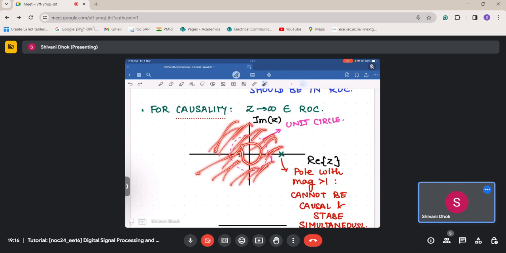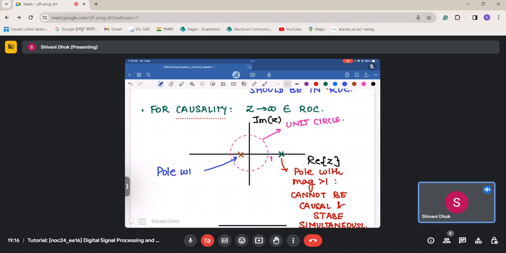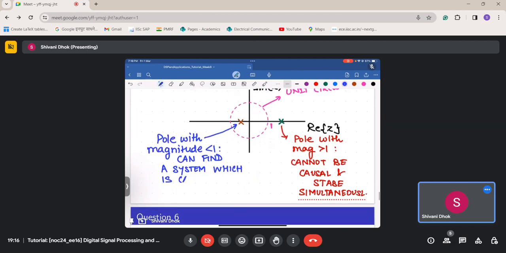So when I'm having this kind of pole, or a pole which is inside the unit circle, then in this situation, for this pole, which has magnitude less than 1, we can find a system which is causal and stable simultaneously.